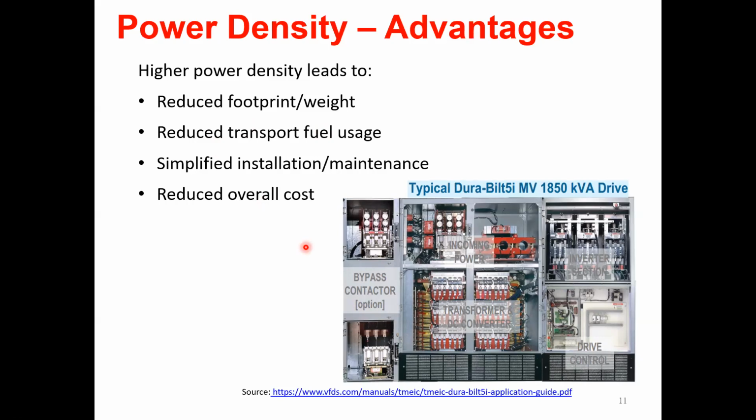All of these add to complexity, and installation and maintenance will become more. And if we are able to improve the power density, it will also reduce the overall cost, considering all the three above. So the cost also can be saved, not just in the materials. We have an analysis later on. It will help reduce the overall cost.